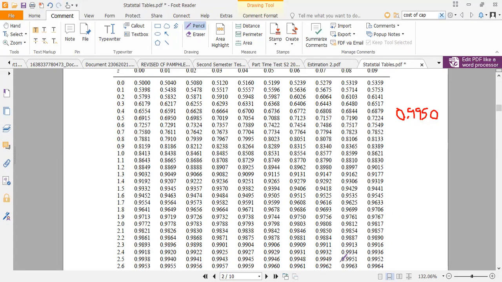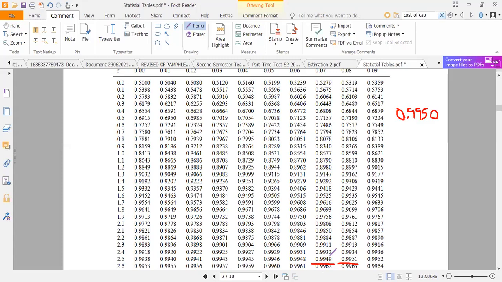There's 0.9949 and 0.9951. So these two are closest, more by 1 and less by 1. So the actual value is 2.575.